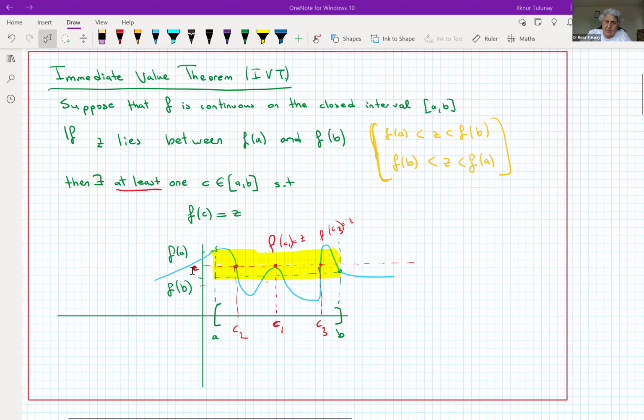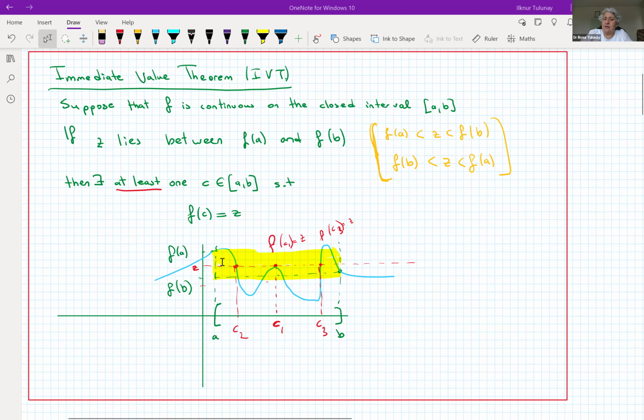So z is some number between f(a) and f(b), so it could be somewhere here. Assume that we have z here, so z corresponds to a line, right? The line y is equal to z. We look at this line and where the function intersects it, and these are the points c.